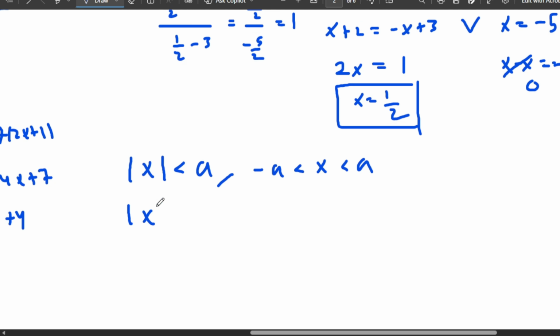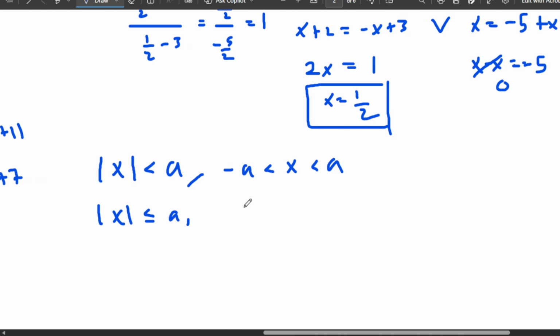If absolute value of x is less than or equal to a, then again the same thing: negative a is less than or equal to x is less than or equal to a.